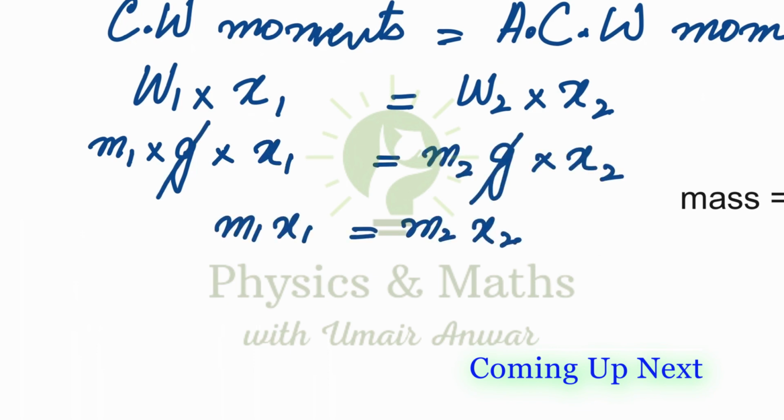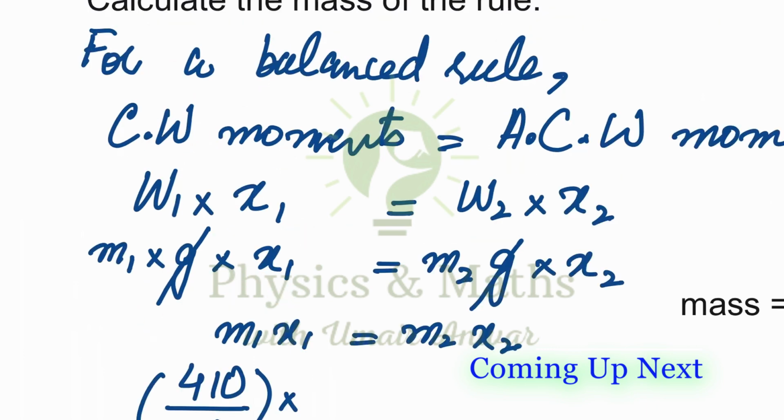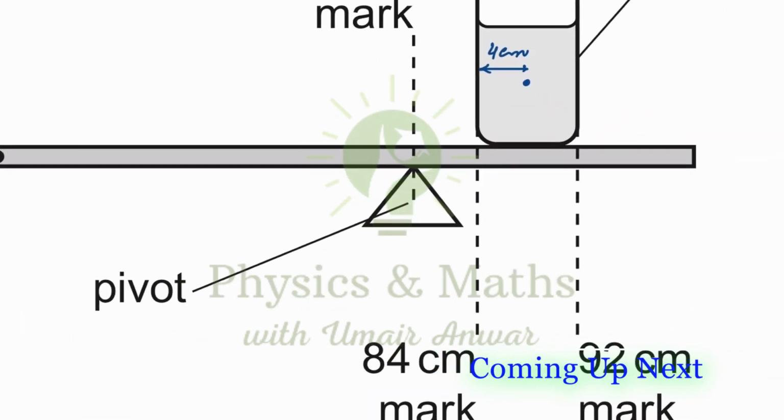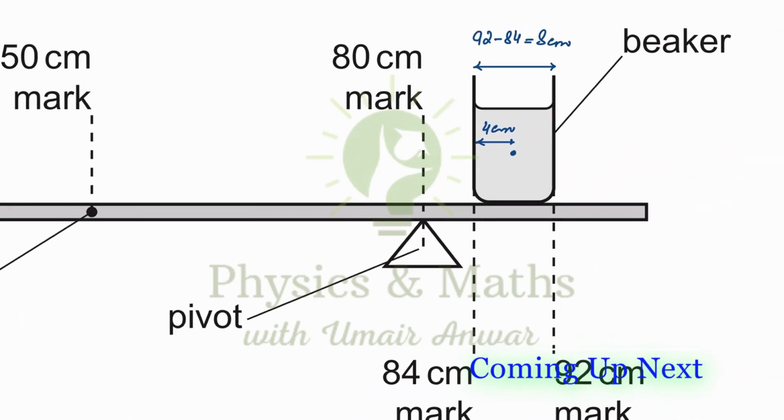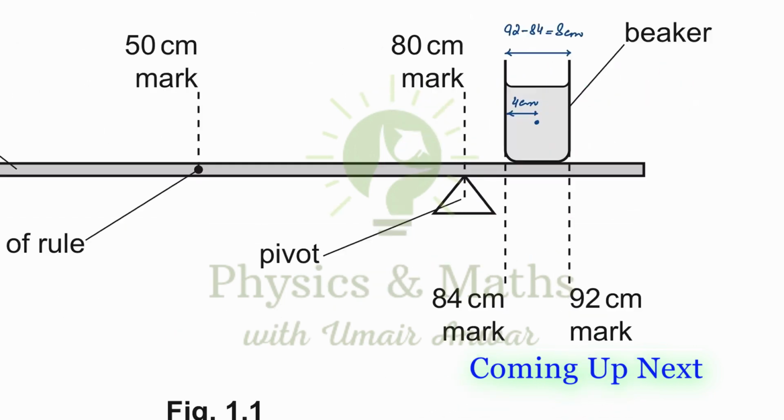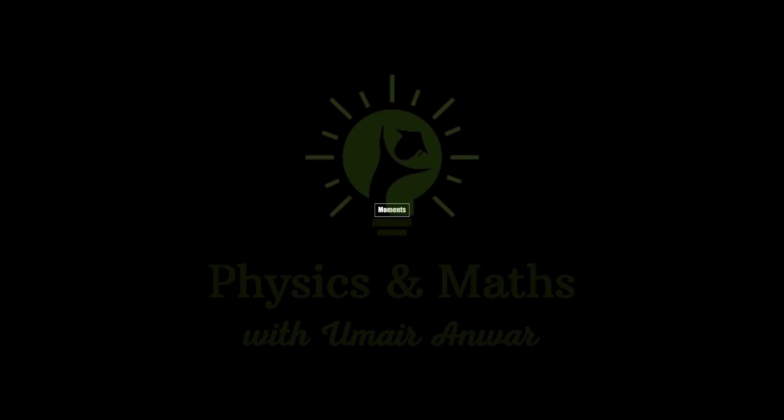Now the mass of the beaker was 410 grams, and when we convert it into kilograms, we divide it by 1000, multiplied by the distance of the beaker from the pivot. Since the pivot is at the 80 centimeter mark, it is 4 centimeters till this side of the beaker and a further 4 till the center of mass of the beaker. So the total distance from the pivot is 8 centimeters.